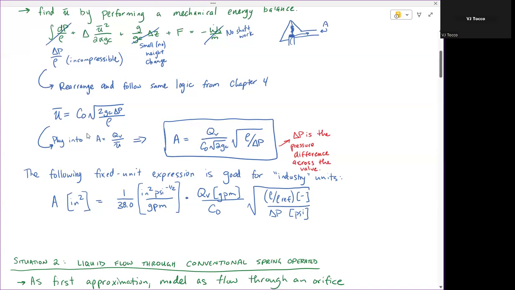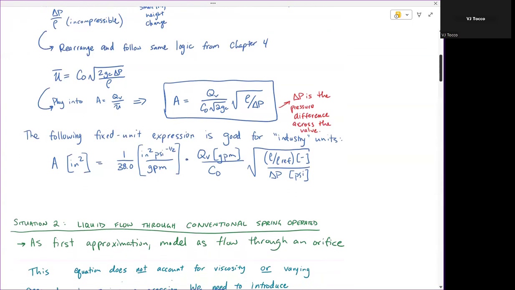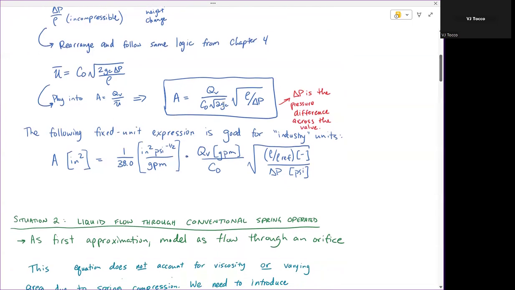I can then plug this into this equation to find the area and obtain this expression for the area. So delta P is going to be the pressure difference across the valve. Because there's oftentimes funniness involving the units. So in the United States, for example, you're not going to find rupture discs in terms of centimeters or meters. You're going to find them in terms of inches.